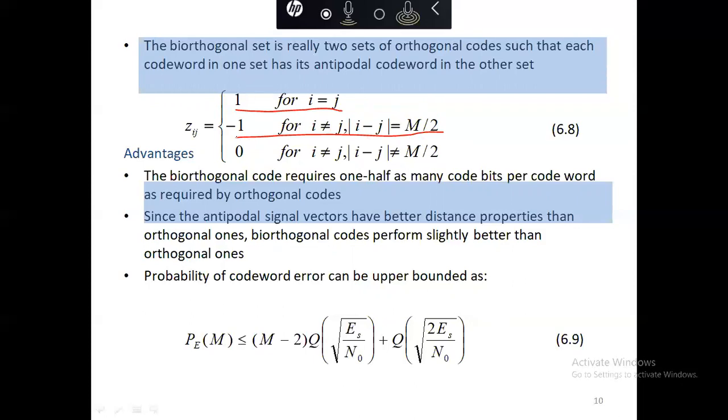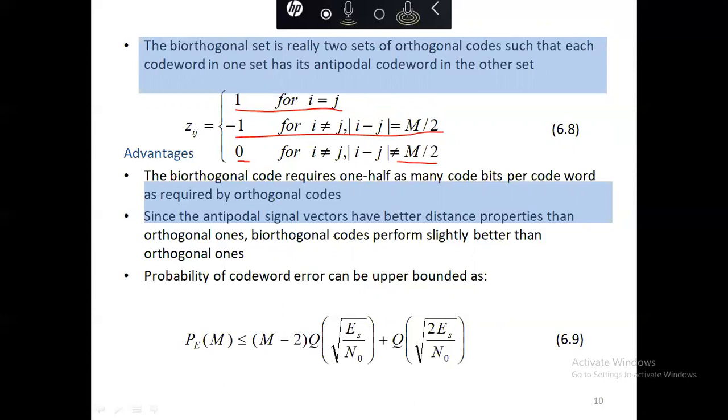Because it has the minimum cross correlation coefficient for half of the symbols, and here we have 0 for m not equal to 2.